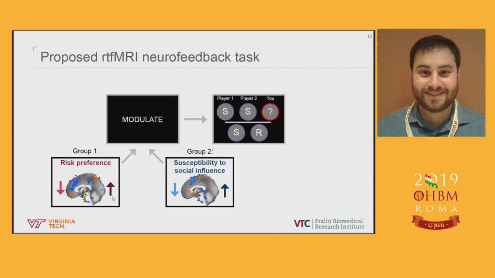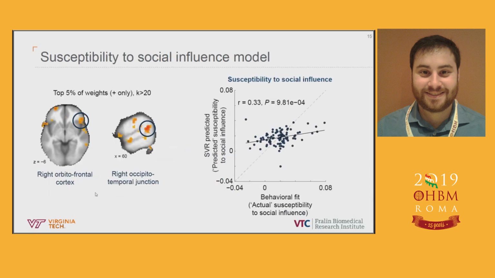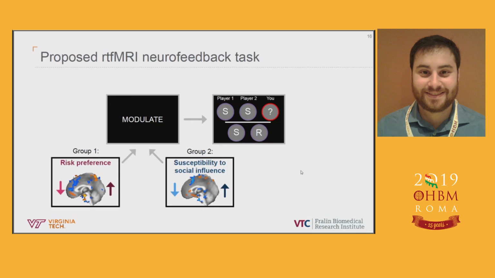For example, this risk preference accompanying model can predict on a trial-by-trial basis whether an individual will choose the safe or risky gamble. The susceptibility to social influence accompanying model can predict on a trial-by-trial basis whether an individual is in an influence trial or a no net influence trial.